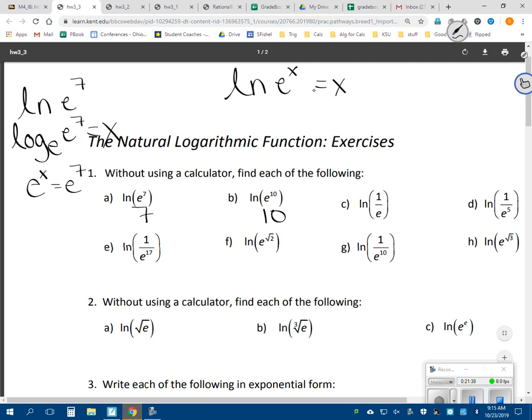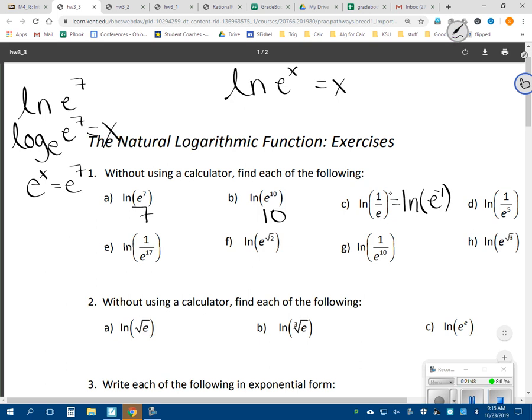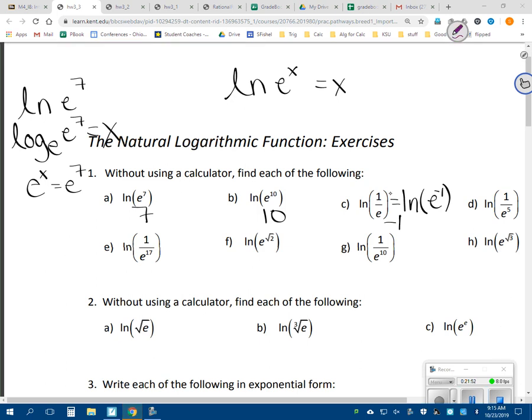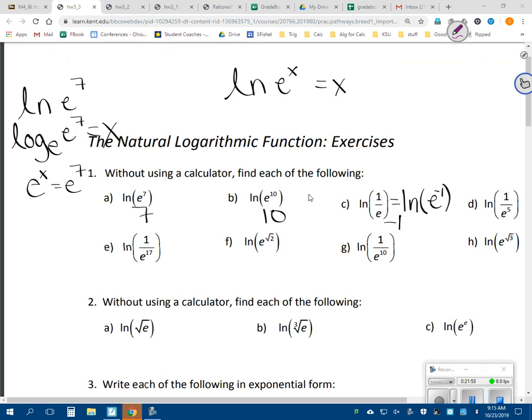So this one, you could rewrite as the natural log of e to the what power? Negative first power. So what would be your answer? Negative 1. Is that making sense without going through all of them? Negative 5. Negative 17.